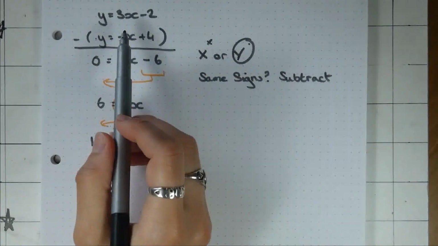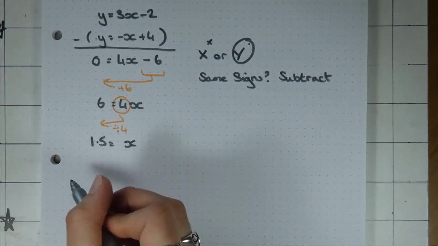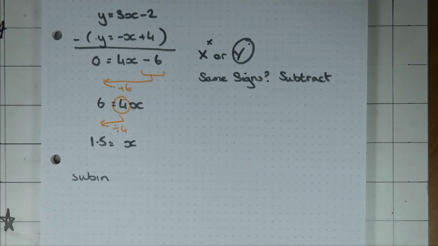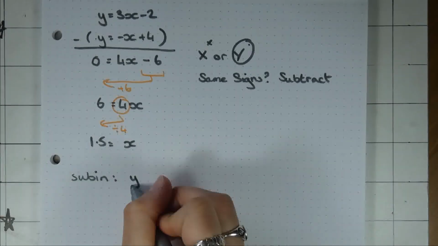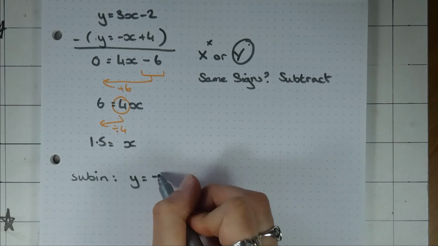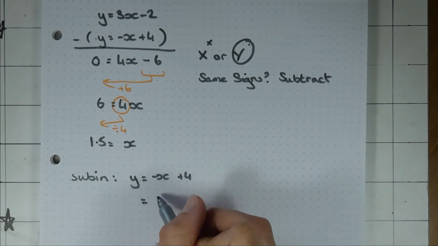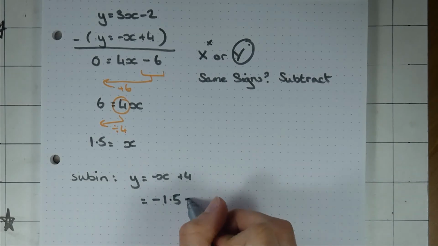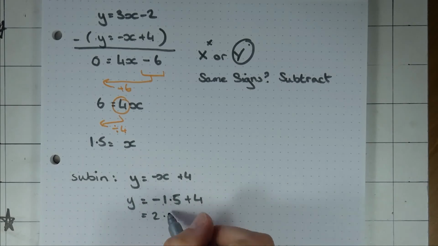Now, because this one involves multiplying the x, I'm going to avoid it. So I'm going to have y equals minus x plus 4. That x is going to become 1.5, so it's going to be minus 1.5 plus 4. And that equals 2.5.